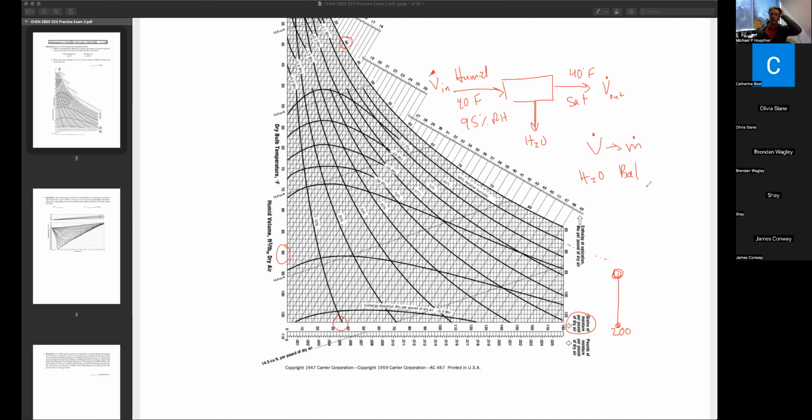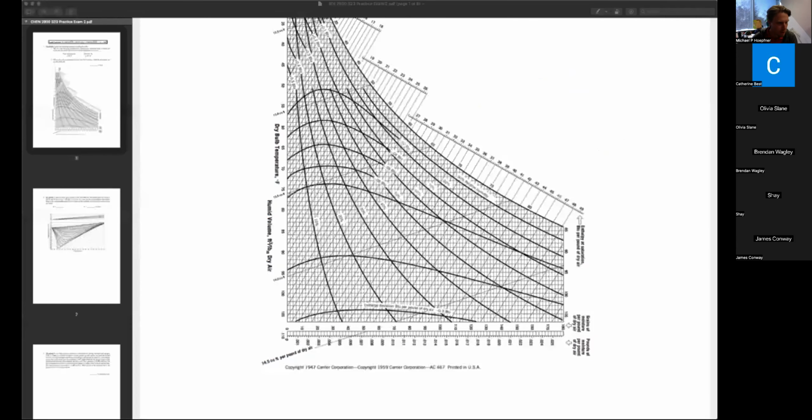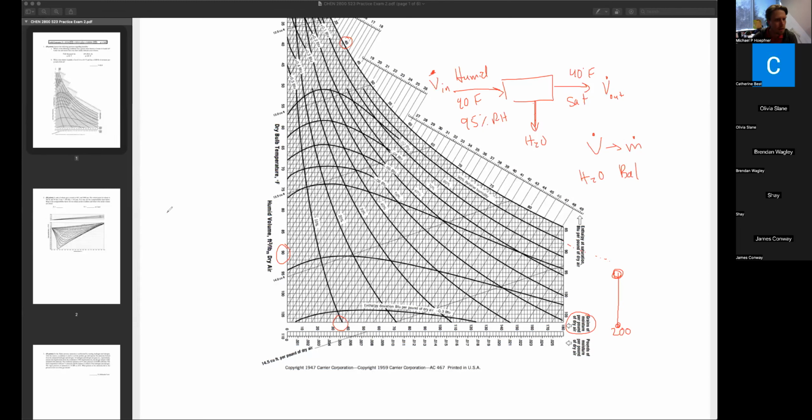So that rate of removal then is telling us, if I check my solutions, make sure I'm not leading you astray here. Stop annotating. Okay, there we go. So if I look at the solutions, and let me just share that solution now.